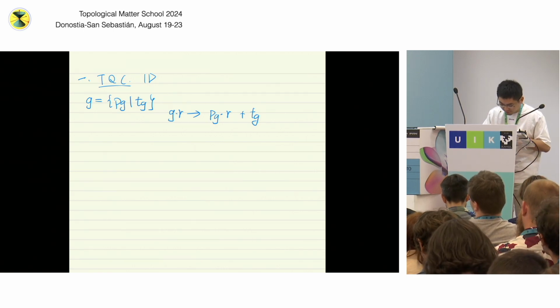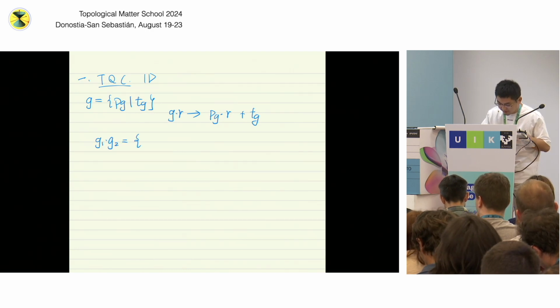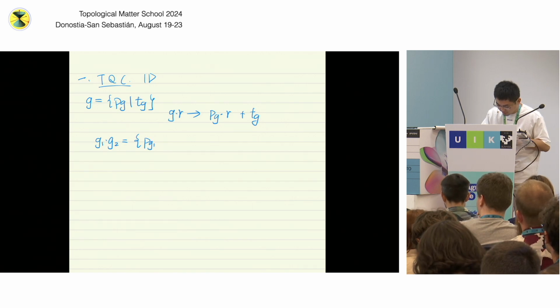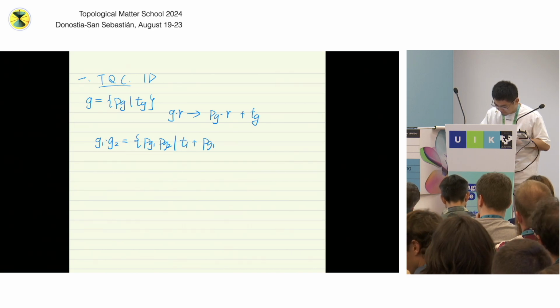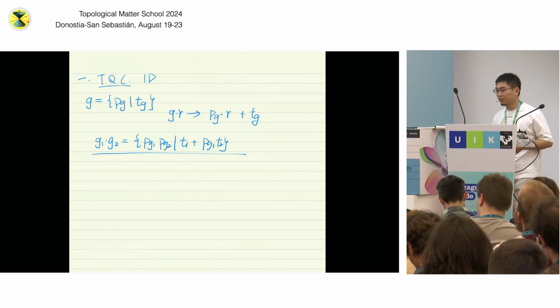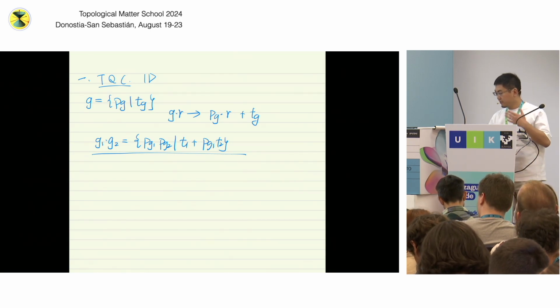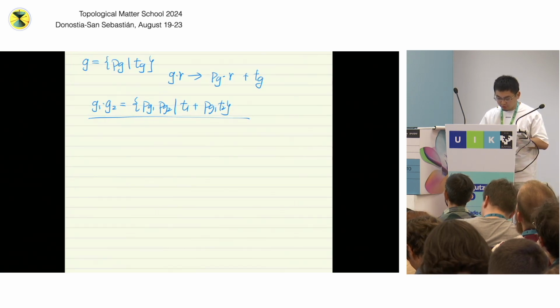When you multiply two elements in this notation, you obtain their product in this rule. Okay, so following this rule, these operations can form a group. The system we are now considering has only two symmetry generators.